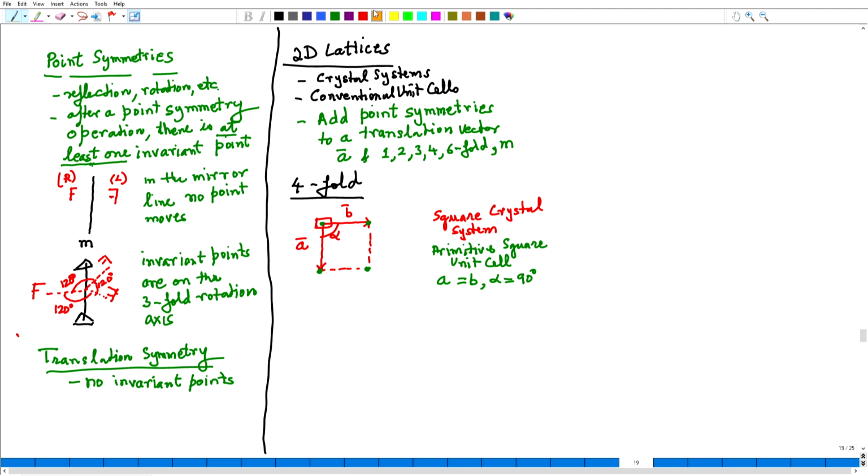But let's just take a different unit cell to define the same square lattice. So let me draw another adjacent square unit cell again. In this case, I will have lattice points again at the corners, and the new cell that I will get would be something like this.